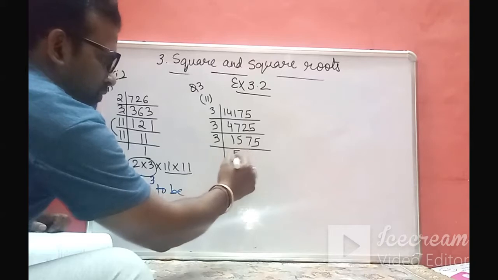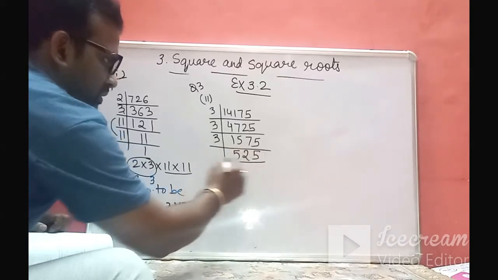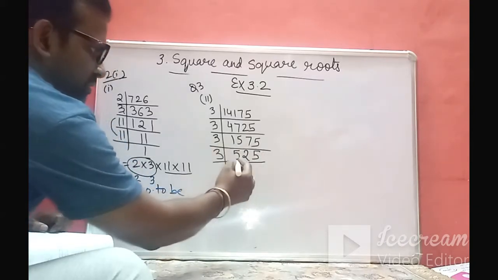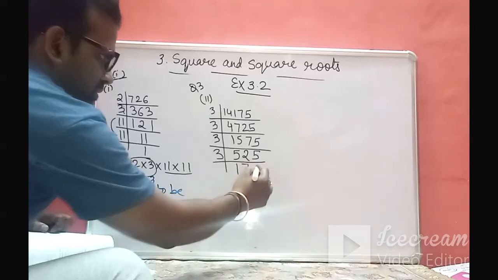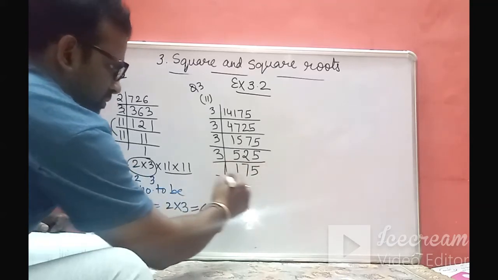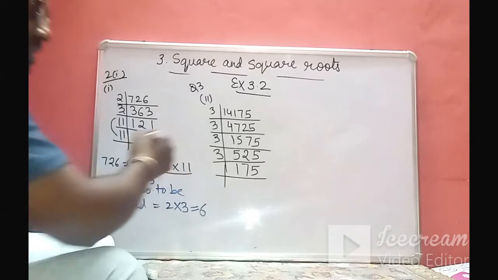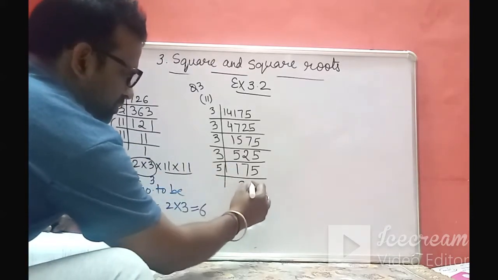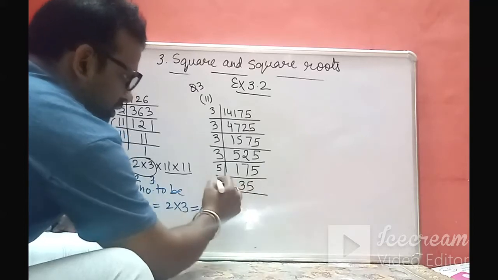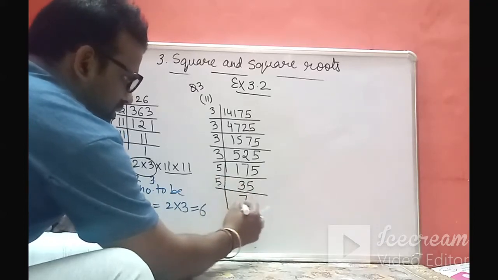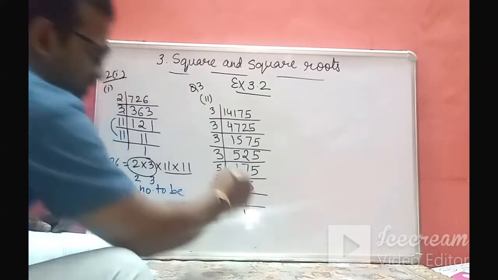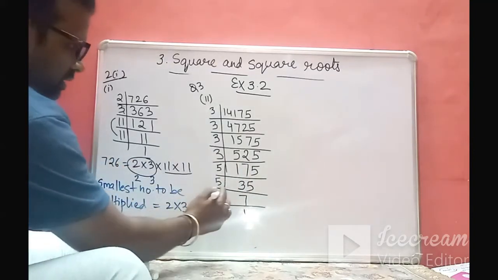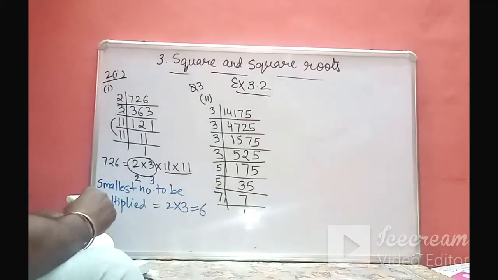So 3 into 525. Now again by 3. So it is 175. Then now it is not divisible by 3, then it is divisible by 5 only. Then 5. Then we got 7 and 1. So finally its prime factorization is over.